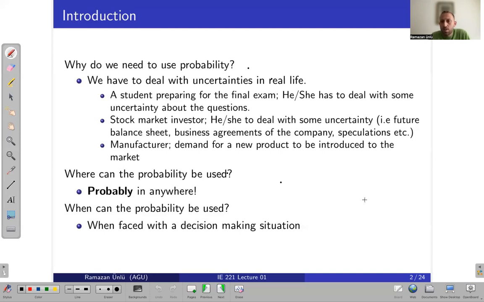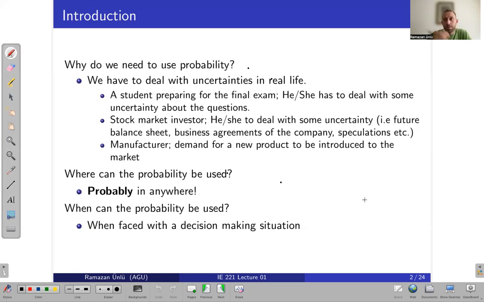Let's say you are going to solve a math problem. You know the formulations and other things, so you can solve this problem, right? You don't have to calculate any probability. But if some things are not certain, in this case you have to calculate some probability. That's why, if there are some uncertain things, we might use some probabilistic model.